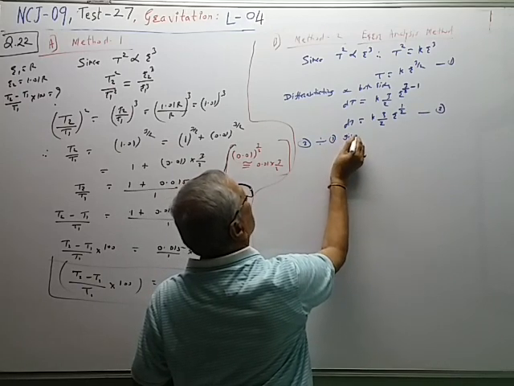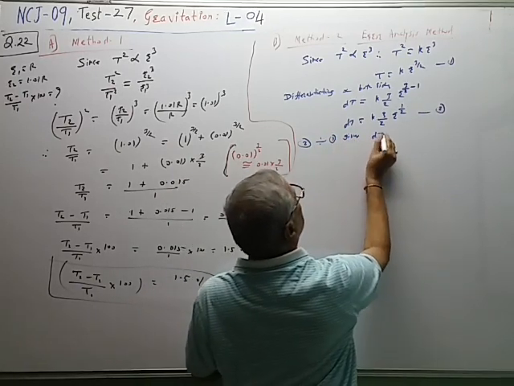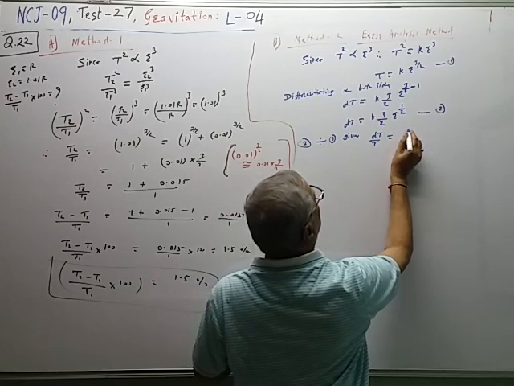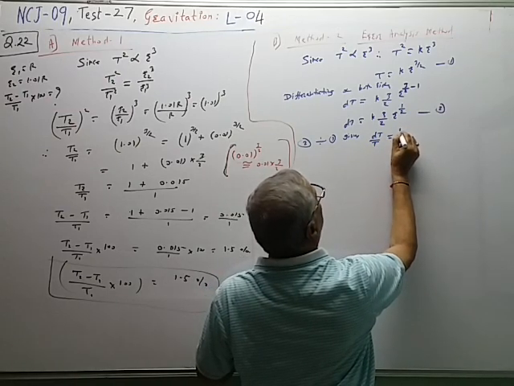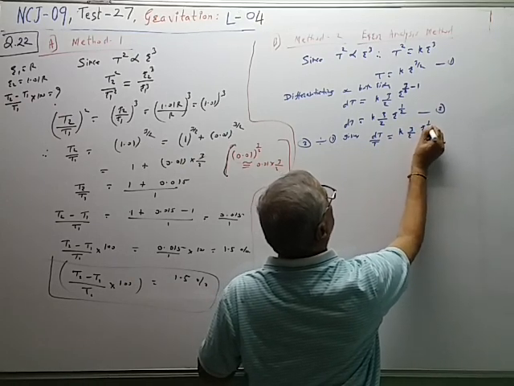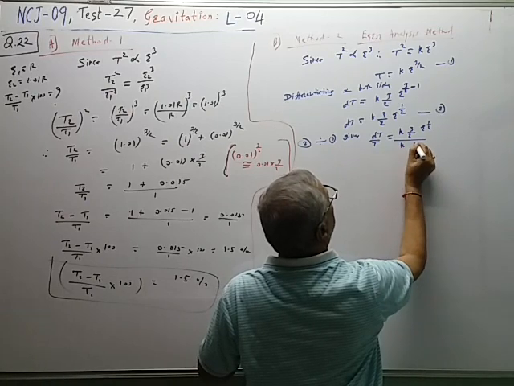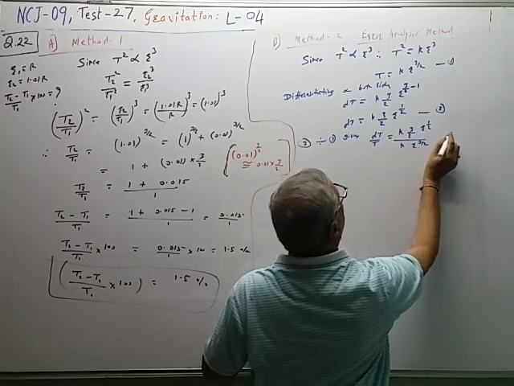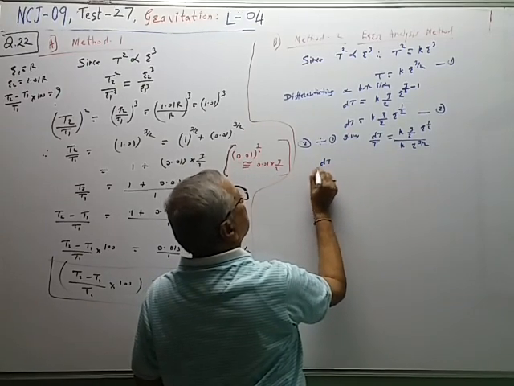So 2 by 1 gives dT upon T is equal to K dash into 3 by 2 R raised to 1 half dR divided by K dash into R raised to 3 by 2. So K will get cancelled.